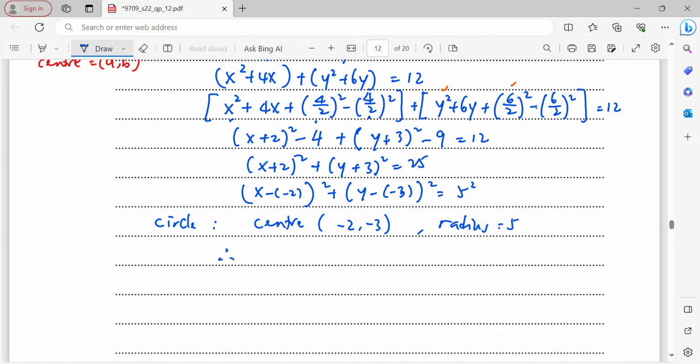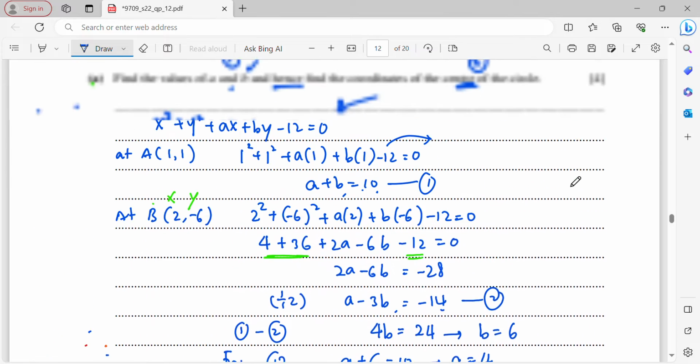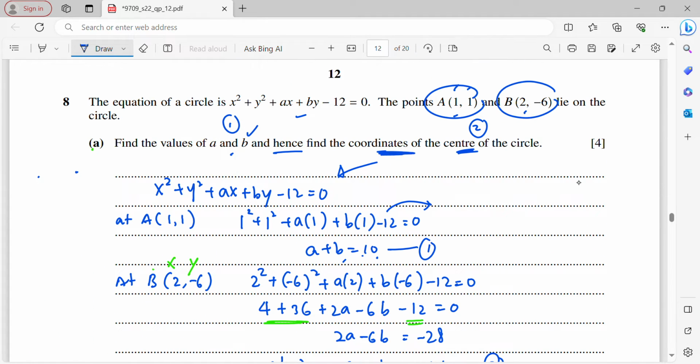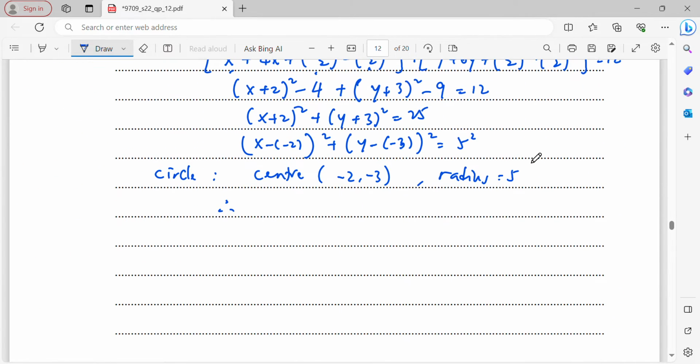Because the question is asking for the center coordinates, therefore you can just write, therefore, center of the circle equals to (-2, -3). So that is the solution for this question.